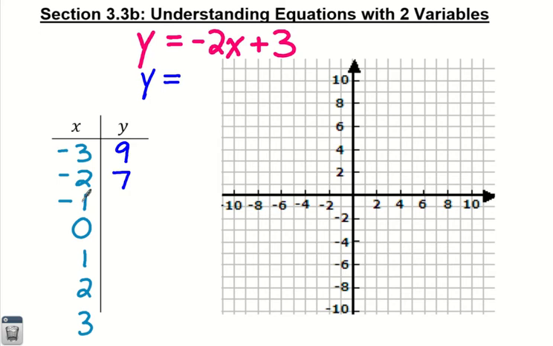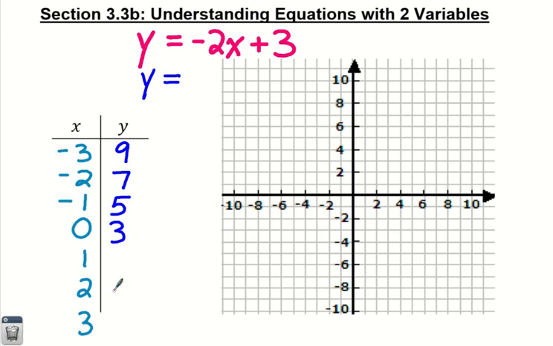If we were to plug in -1 for x, it would be -2 times -1, which would be +2, plus 3 would be 5. And if we were to plug in 0 for x, then y would equal -2 times 0 plus 3, and that should be 3.